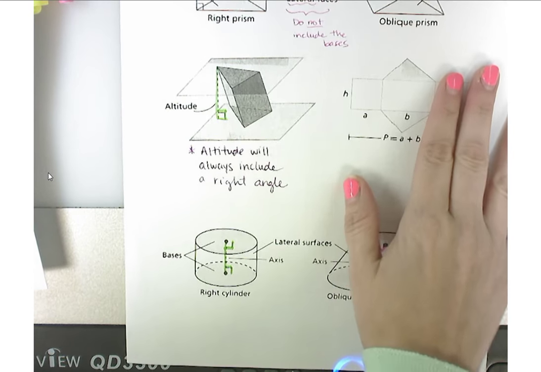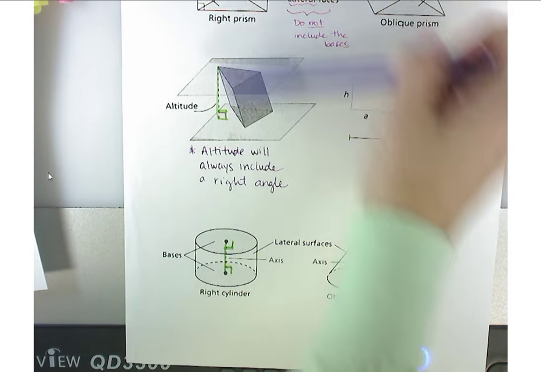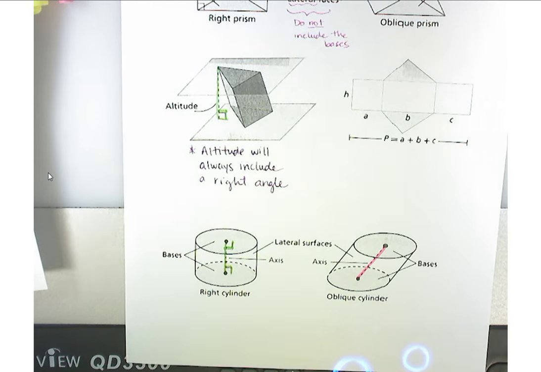The altitude, that's something that you wrote down yesterday. So the altitude is always going to include the right angle. The altitude will also generally go from the top base to the bottom base. And if it's a circle, it would go from the center to the center.